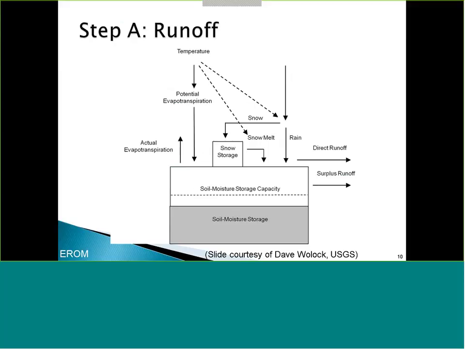And then what they've done for us is they've taken 30 years worth of monthly data, and they've either aggregated it into a mean annual grid or into mean monthly grids for us. So step A is just taking the runoff data and accumulating it.